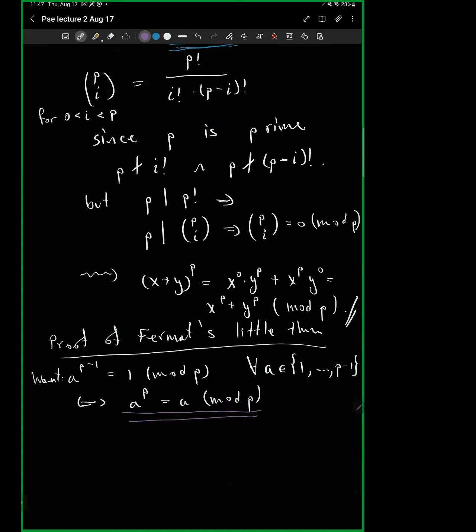And we prove by induction on a. So a equals 1 is clear. 1 to the power of p is 1 modulo p, even not modulo p.